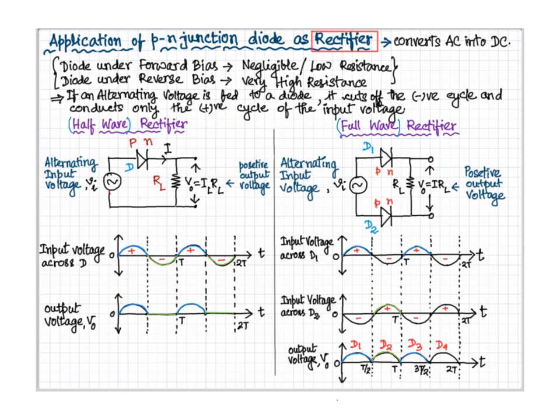Again, in the next half of the cycle, D1 is reverse biased and D2 is forward biased, so D2 will conduct. Thus we see that here we get the full wave of the input voltage. That is why it is called a full wave rectifier.